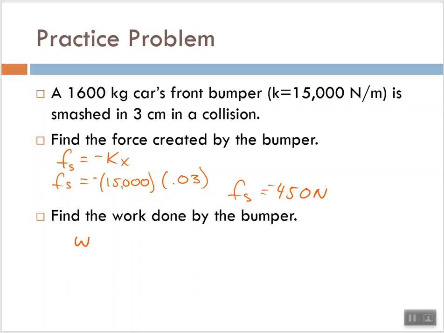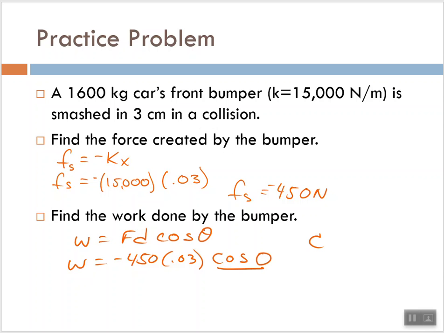Well, work equals force times distance. And I'm going to throw this cosine of theta in here, just to show you in this example that work is going to be equal to negative 450 times 0.03, and then the cosine of 0. Well, you trig buffs, what is the cosine of 0? The cosine of 0 equals 1.